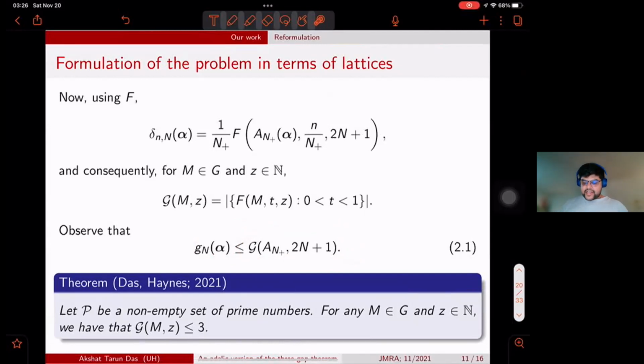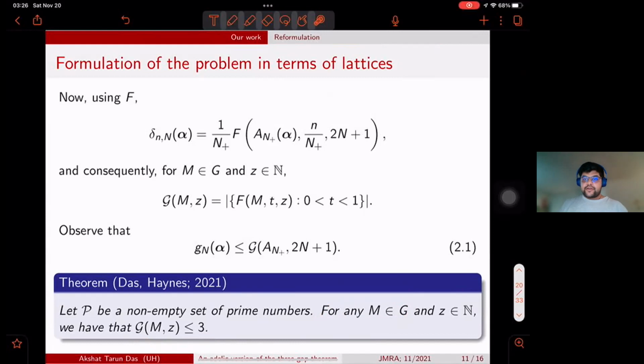So what this inequality does is that it reduces the problem of finding an upper bound for the number of distinct nearest neighbor distances to finding an upper bound for this function capital G. So hence, in order to prove our main result, we prove this more generalized result here, which is true for any lattice element M, that the upper bound for the function capital G is going to be 3. Okay, so this completes the reformulation of everything in terms of the space of lattices.